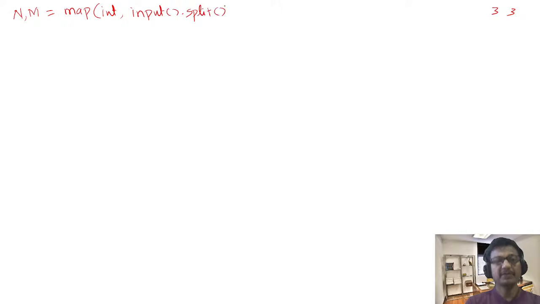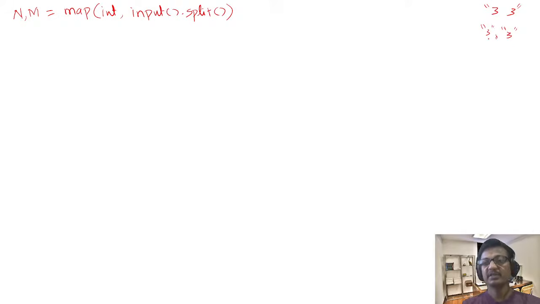So what will this input dot split do? Input will read these two values as a string. It reads this entire thing as a string and splits it into two different strings like this. It returns two strings here, and the map function will map each string into an integer number.